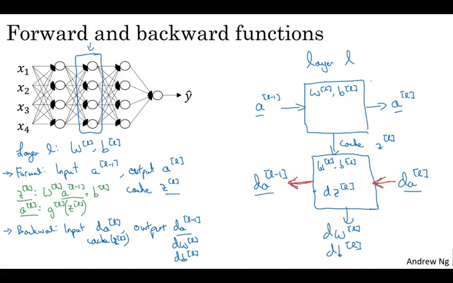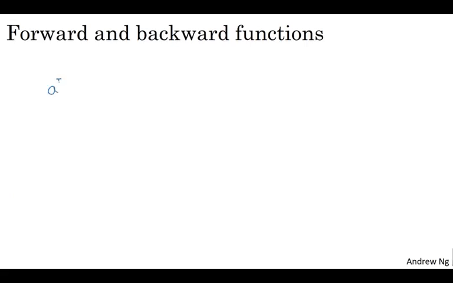So if you can implement these two functions, then the basic computation of the neural network will be as follows. You're going to take the input features A0, feed that in, and that will compute the activations of the first layer. Let's call that A1. And to do that, you needed W1 and B1. And then we'll also cache away Z1. Right?